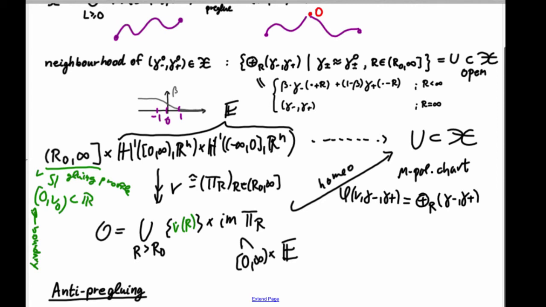But I'd like this to be injective, so I need my projections to get me to a complement of the kernel. And the nice thing now is I have cheated myself into a situation where this pregluing map is actually linear. I mean, not in R, but in gamma minus and gamma plus, it's linear.